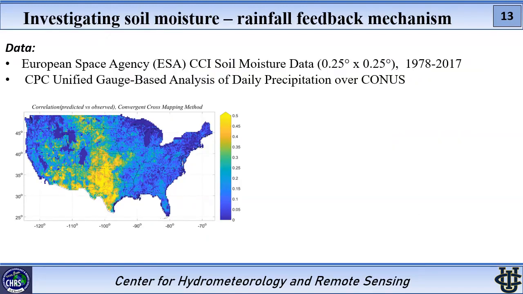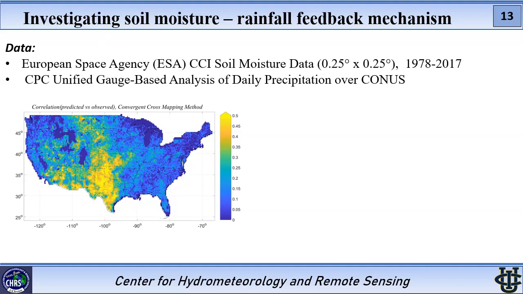What I would like to conclude with is an example of some of the applications that we have been using causal inference methods on. In this work, we have satellite-based soil moisture data and rainfall data from CPC over the continental US. What you see in the map is the strength of the causal impact of soil moisture on rainfall.